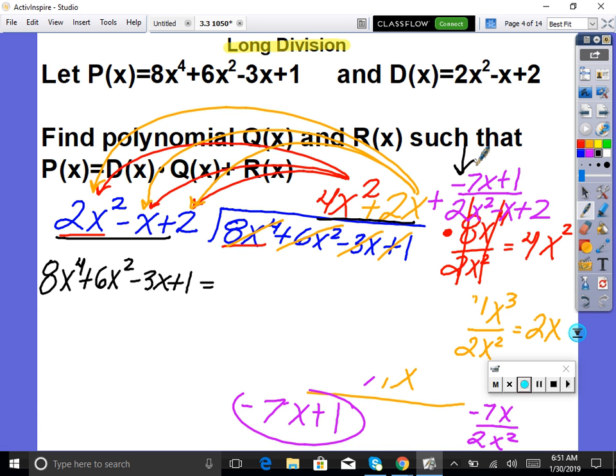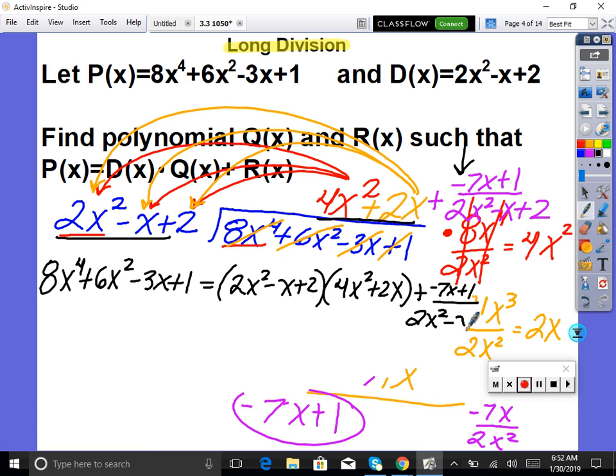Okay, so you'd say equals, parentheses, 2x squared minus x plus 2 times 4x squared plus 2x, and then plus negative 7x plus 1 when we divide it by 2x squared minus x plus 2. It's just long. All right, that's probably enough practice with long division. Do you agree? Okay, cool.